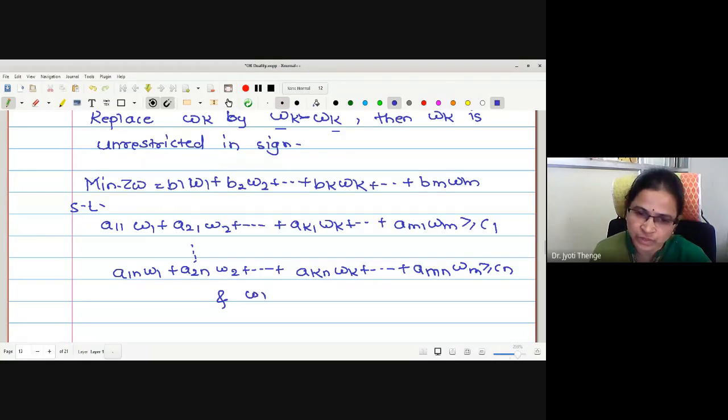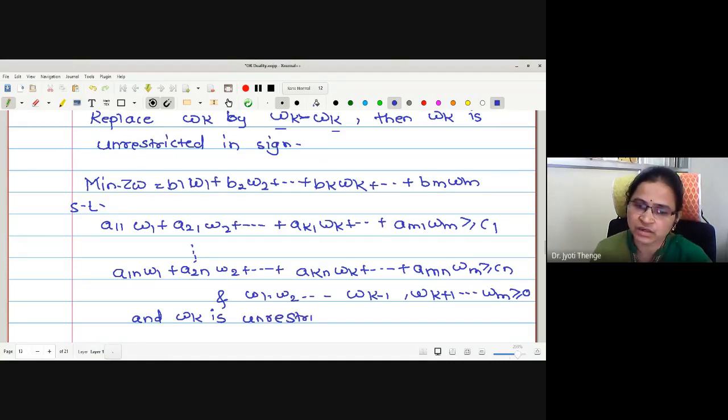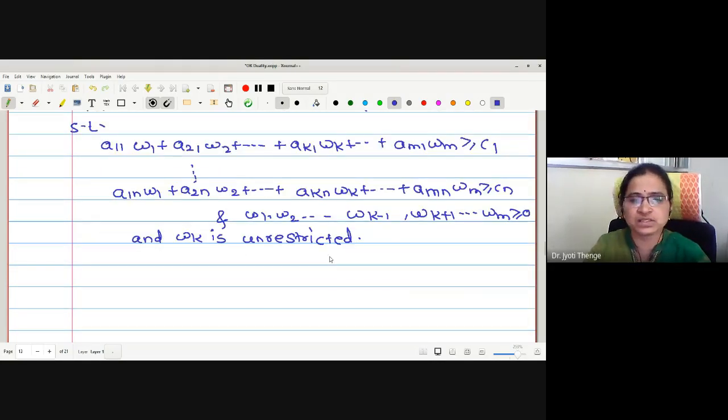And what about the variables? W1, W2 till Wk minus 1 and Wk plus 1 to Wm are all non-negative and Wk is unrestricted. What we have observed: if the kth constraint of the primal is an equality, then this kth dual variable is unrestricted in sign. Okay, hence the proof.